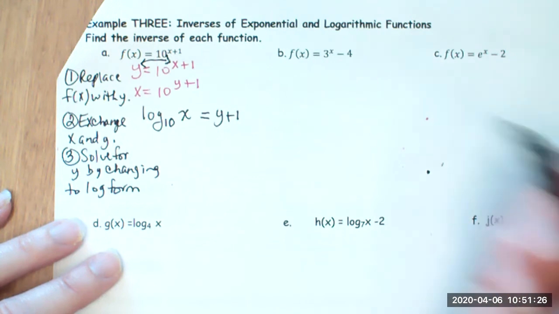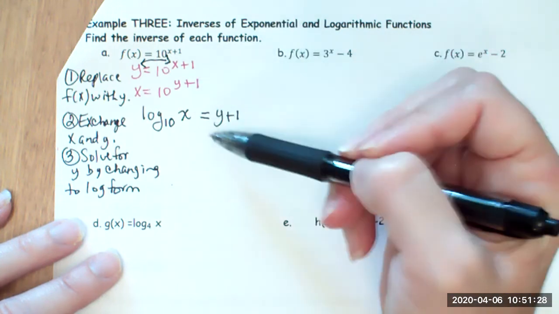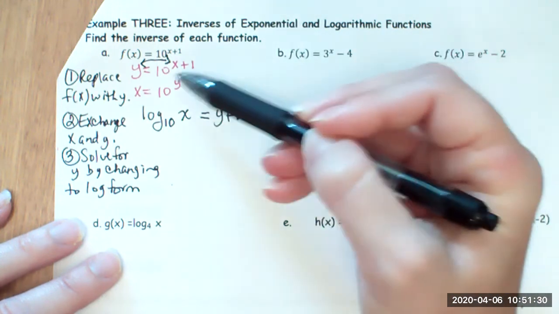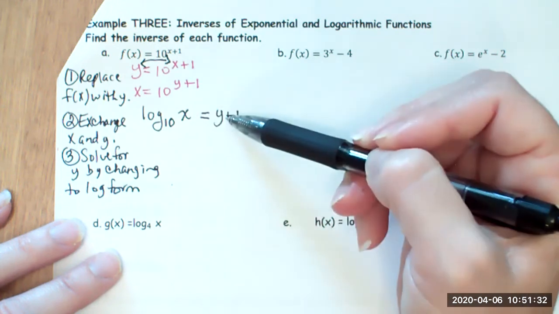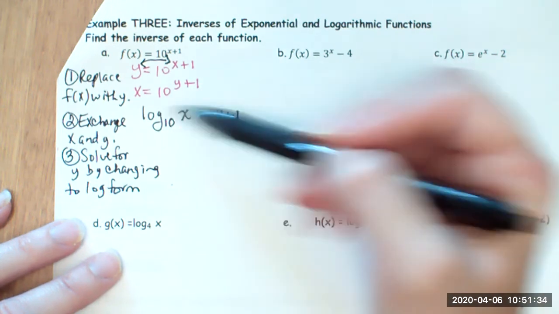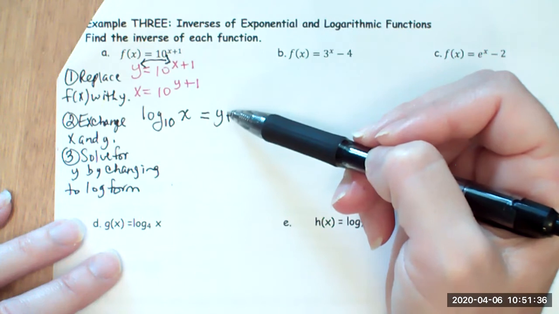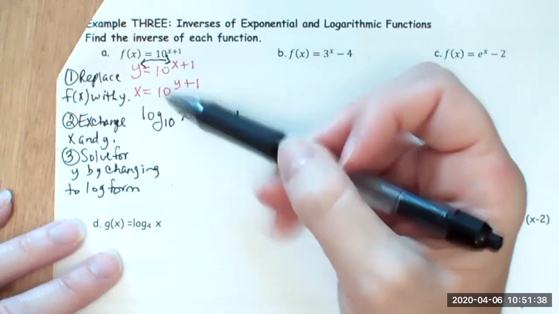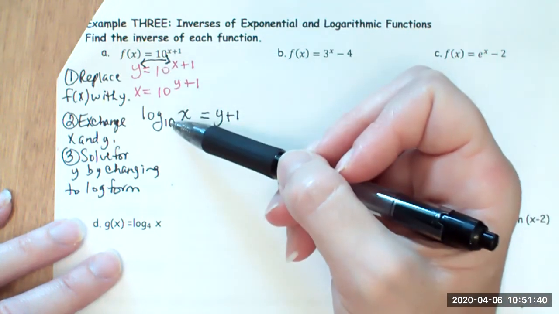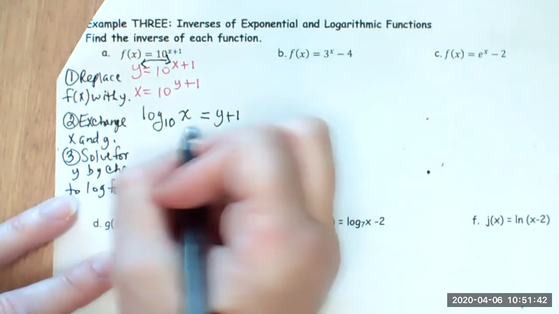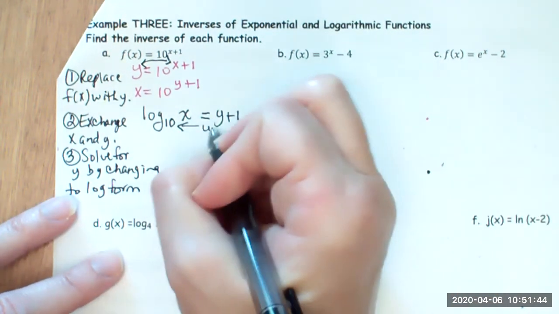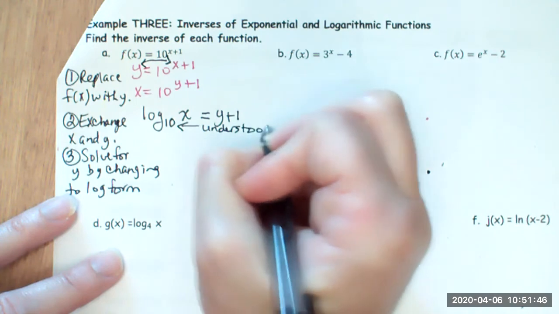And remember, whenever you're changing from exponential to logarithmic form, whatever that exponent is will be isolated on one side of the equation because the log is equal to the exponent. Okay? Now remember, the log base 10 is understood. So 10 is understood. So we're going to want to rewrite that.